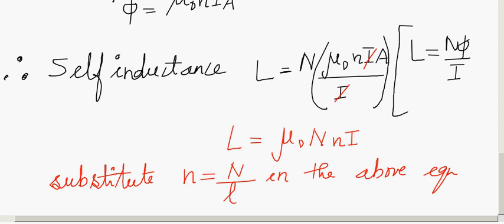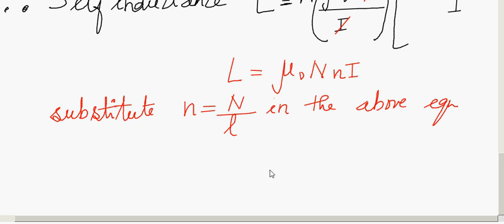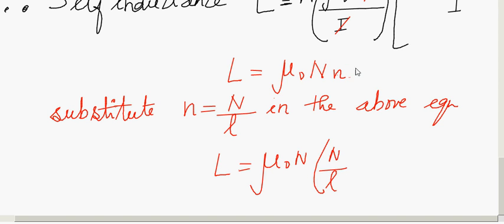Now what do you get? L is equal to mu naught into N into N by L. Sorry, here I got cancelled. It should be A, not I. This is A. Please correct it.